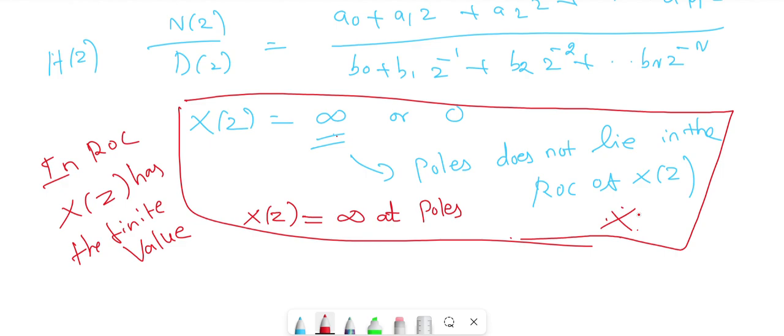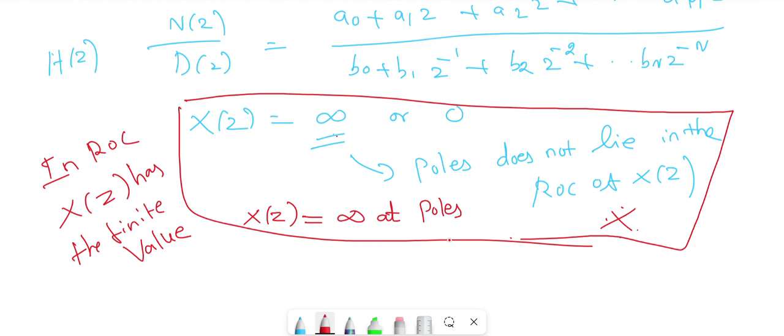All these conditions are required to determine whether the given system is stable or unstable. The poles play a vital role in determining the stability of the system. The poles do not lie in the ROC of x of z, because for the ROC x of z has to be a finite value, but x of z becomes infinite at poles. Now we will take some problems to see the concept of Z transform and how to determine the stability of the system.